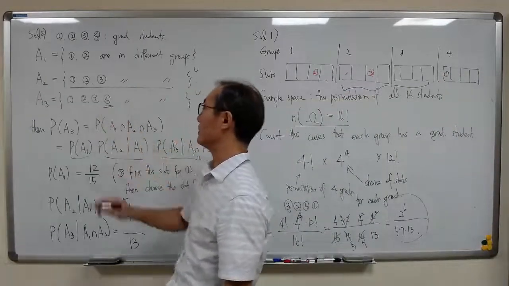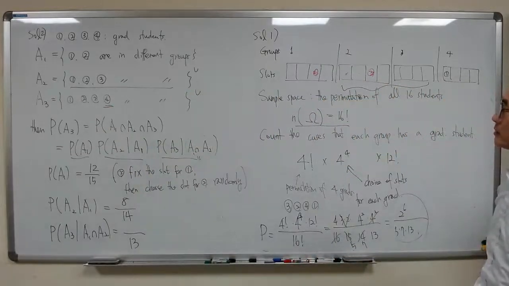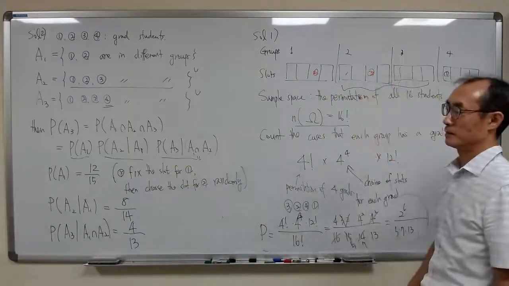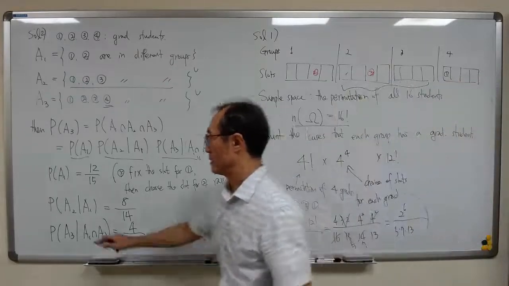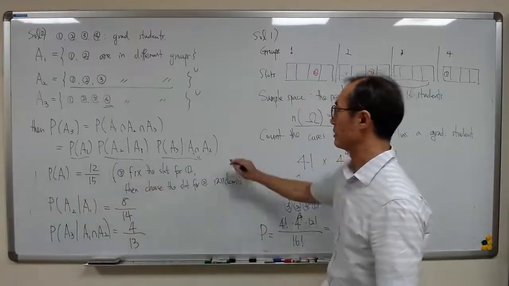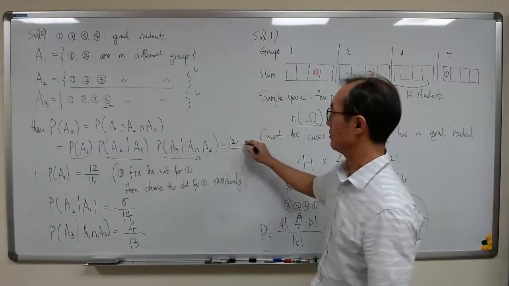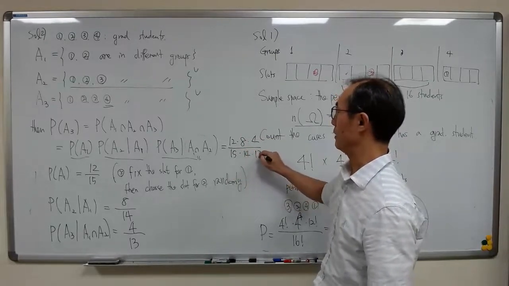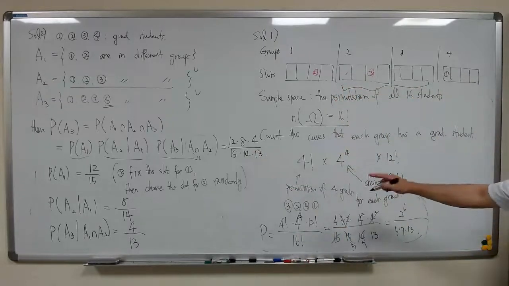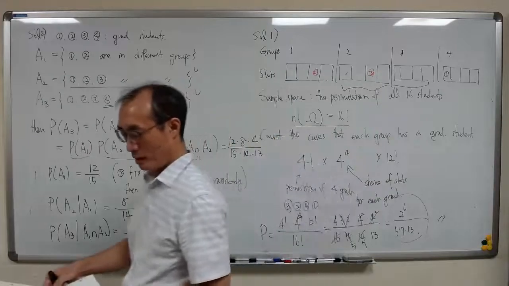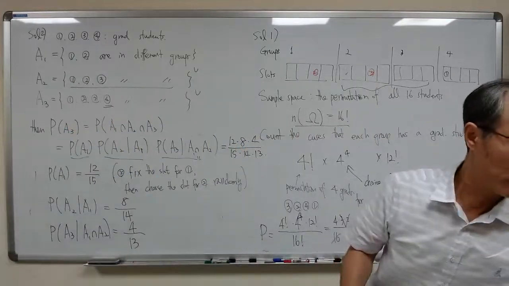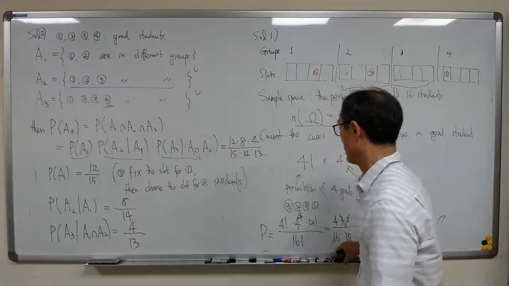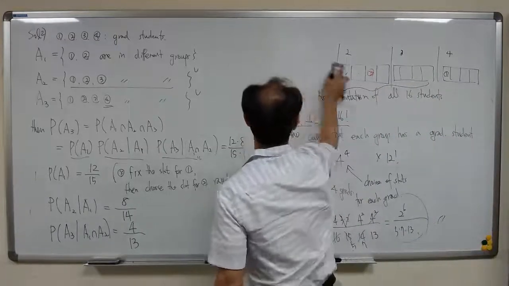Among them, the slots for graduate student number 4 to satisfy those conditions are 4. So by multiplying these numbers, we get 12, 8, and 4 over 15, 14, and 13. I think those two numbers are the same. This is the example of computing the probability based on multiplication of conditional probabilities.